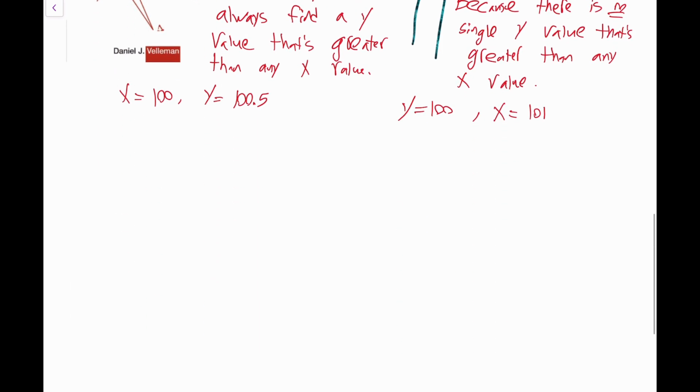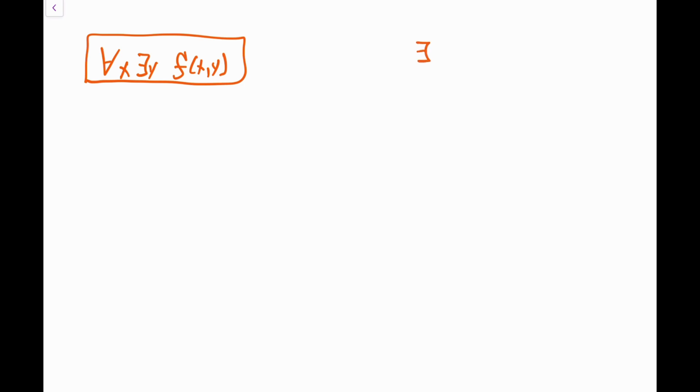So let's get back to thinking about different types of propositions. For example, I already said we can have something like, for all x, there exists a y such that f of x, y. That's one possibility. We can have something like, there exists an x such that for all y, f of x, y.